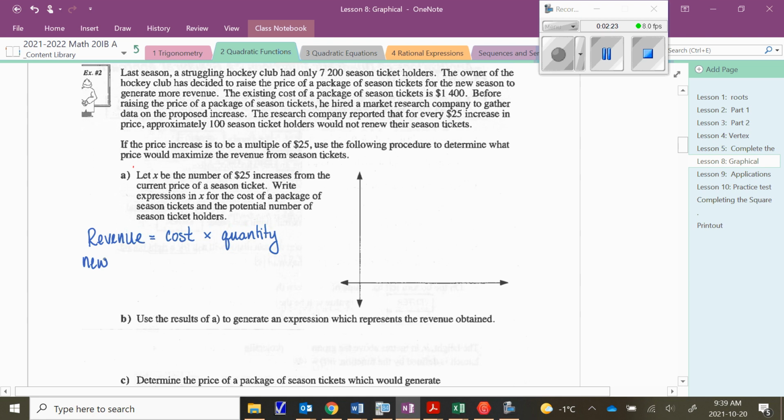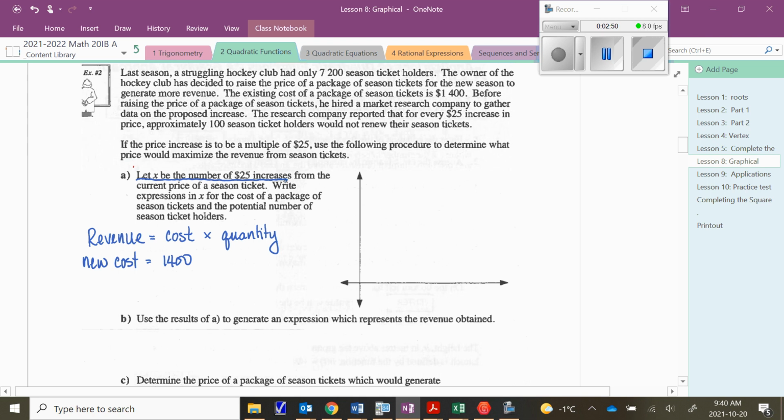However, we're going to be changing some things up. Our new cost is going to start at $1,400, but because we are increasing the price in $25 increments and we don't know how many increments we're going to do, that is where it makes sense to set your variable x to be the number of $25 increases.